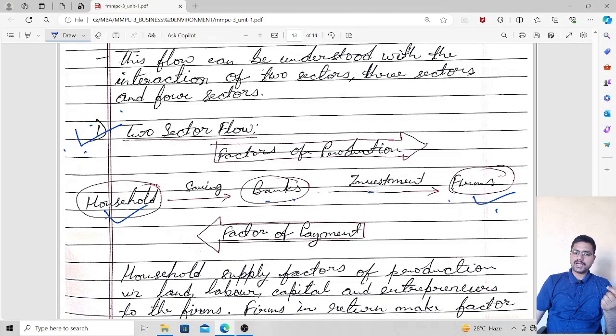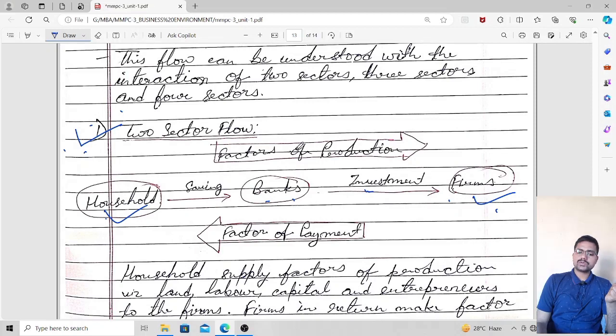And just below there is the factor payment. For whatever is supplied by the household, the payment is made by the firms to households, also through banks.